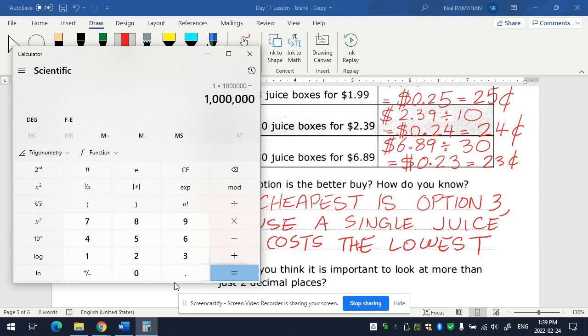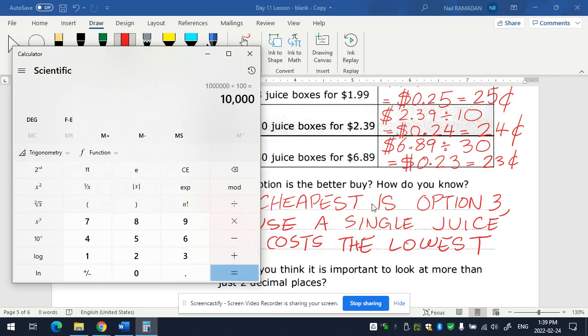How many dollars is a million cents? Divide that by 100. You just cost your business or company $10,000 extra because you did not go with this price. You went with 1 cent extra because you were like, I just like this business.